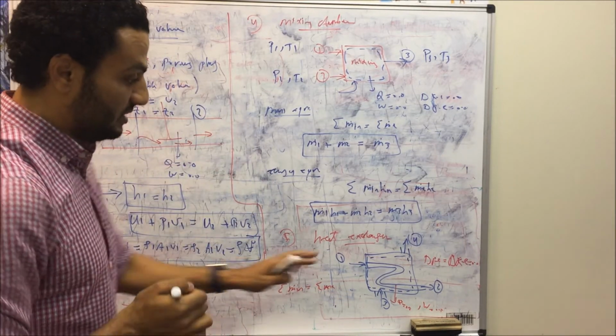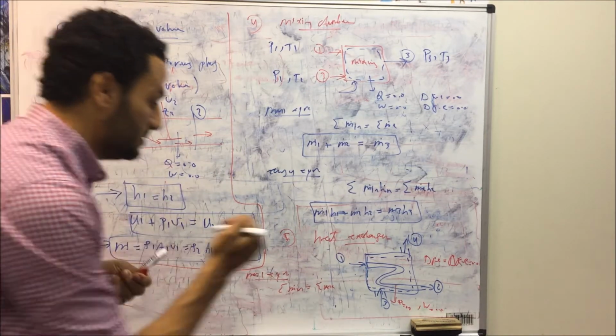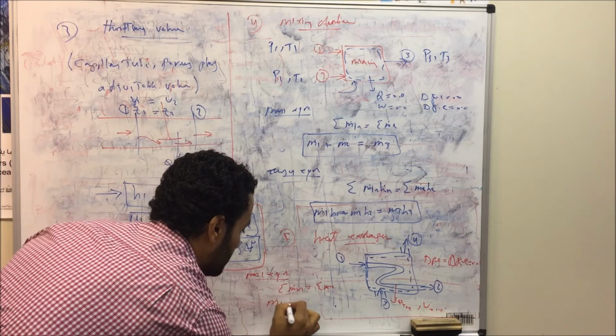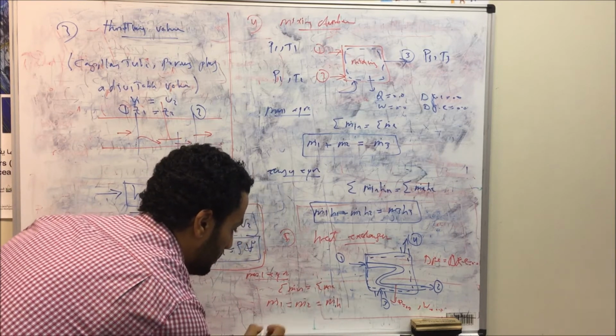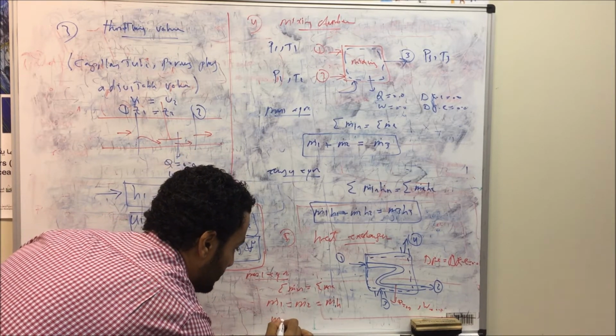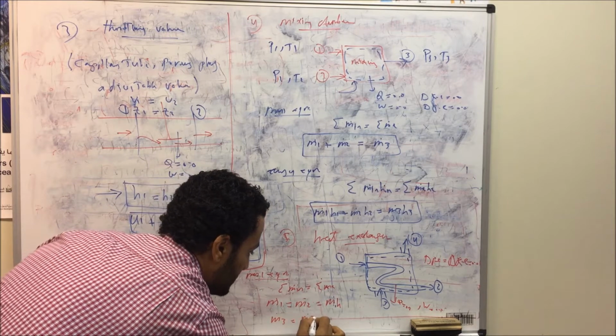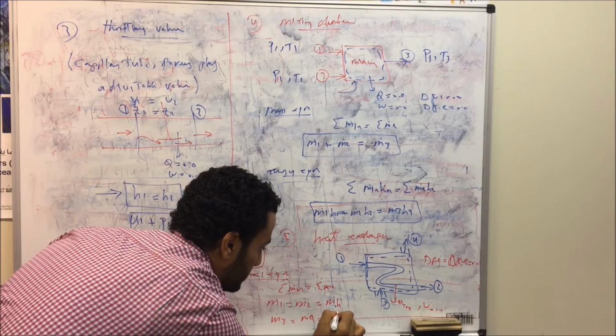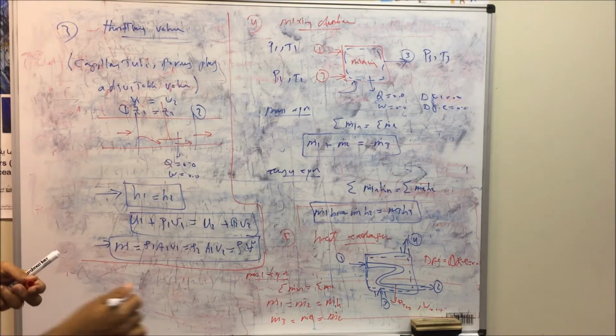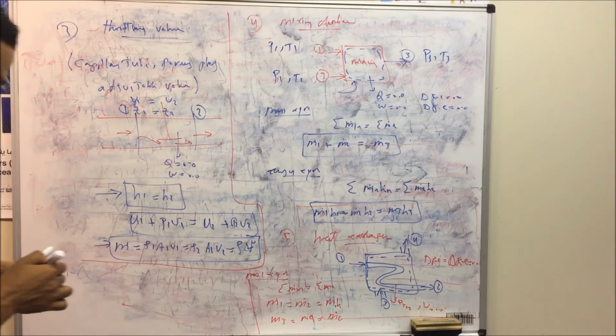But in this case, we don't have mixing. So we can say m dot 1 equals m dot 2, the mass flow rate, let's say, of the hot fluid. And m dot 3 is the same as m dot 4, let's call it m dot c, which is m dot of the cold fluid. This is the mass equation.